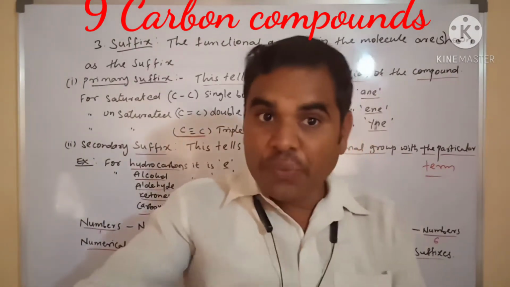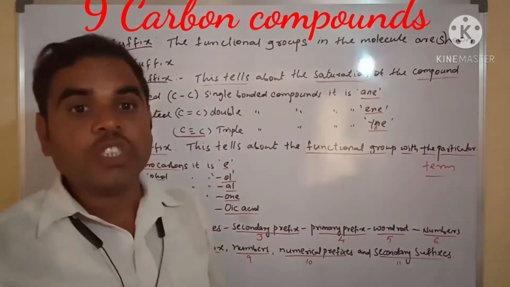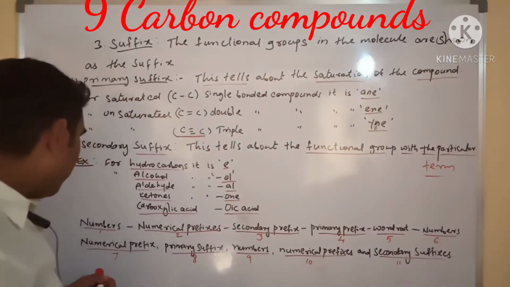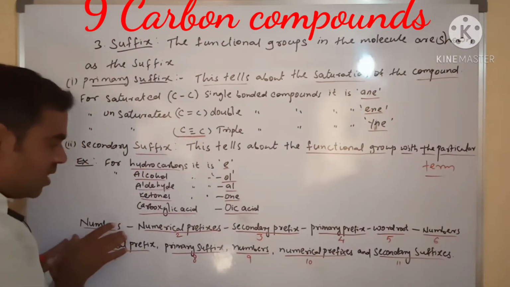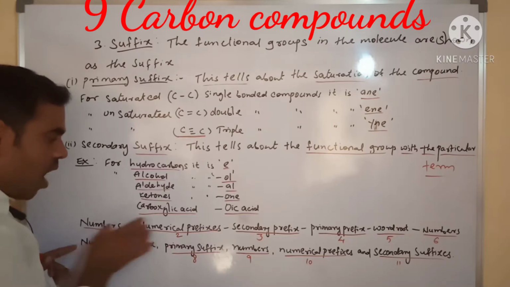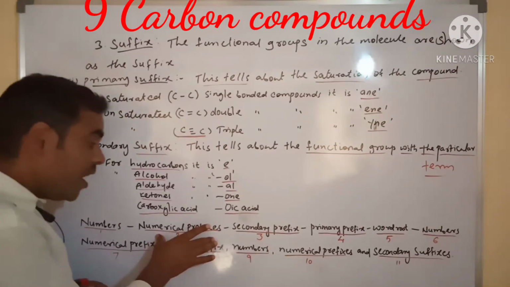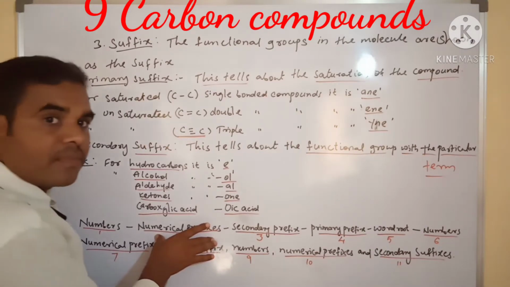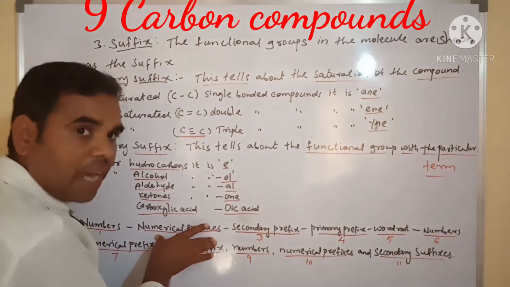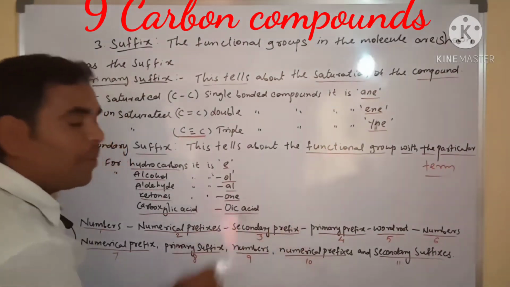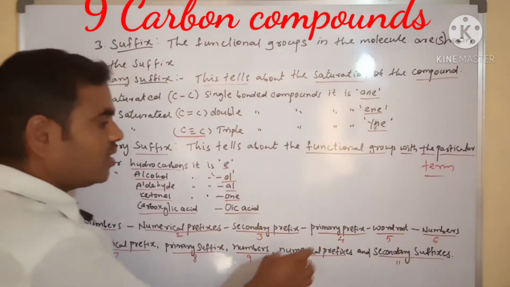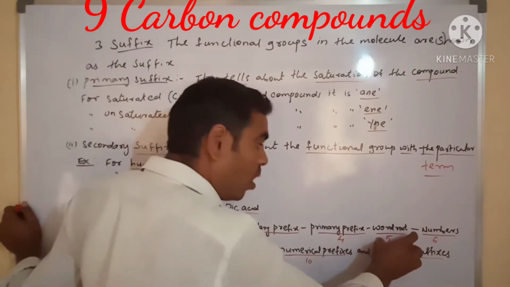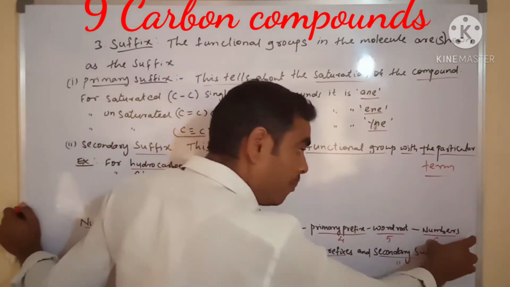If you learn a number of examples, you will automatically understand. We have to see the numbers. We already learned numerical prefix in part 9. Secondary prefix, next primary prefix, word root, number.